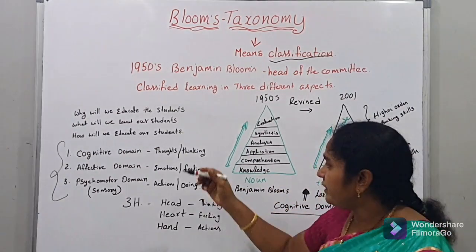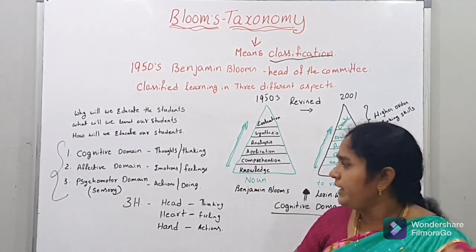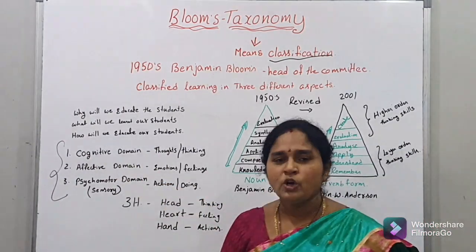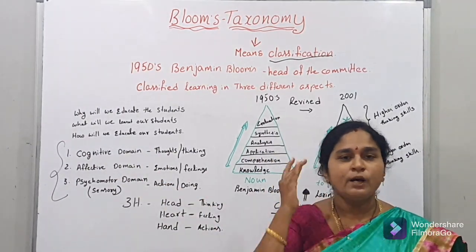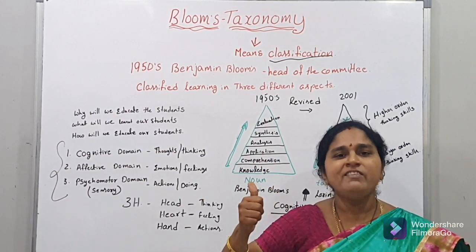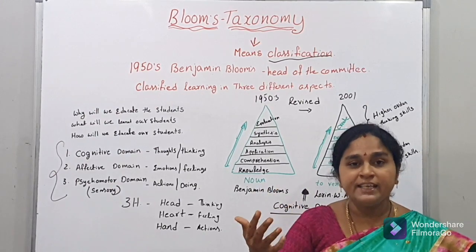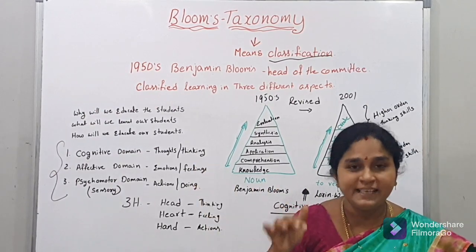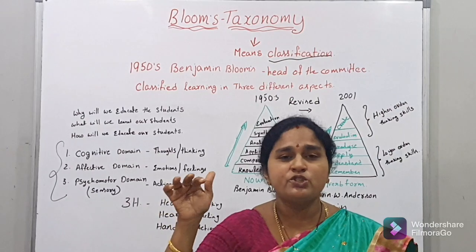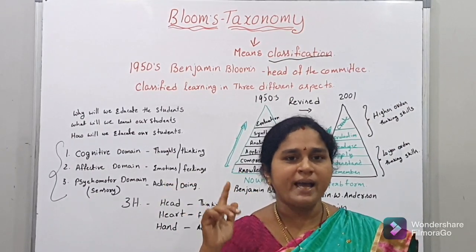For example, we get answers in the cognitive domain. Cognitive domain means thoughts and thinking: at which level students are thinking, what thoughts there are in the student. That is the cognitive domain.